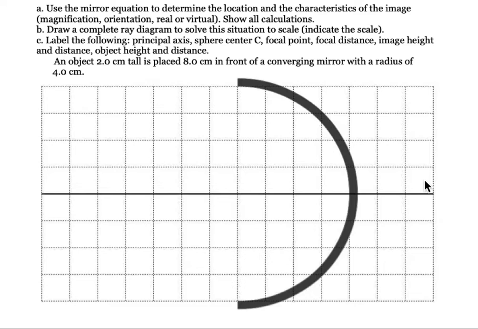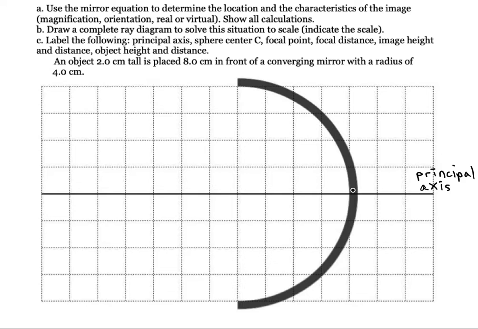First of all, the principal axis is just like it was for lenses. It's this horizontal line that goes through the middle of the spherical mirror. Let's put a 2 centimeter tall object 8 centimeters in front of this mirror.